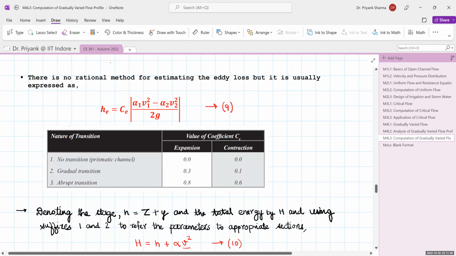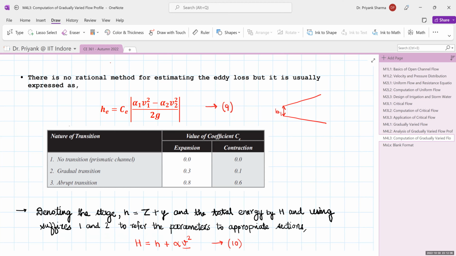Now there are two cases. Let us say if you apply this equation for a prismatic channel, then your eddy loss will become 0. So that component is eliminated. Now what about gradual and abrupt transitions? Let us say your width changes. So you have two sections. This is your width B1 and this is your width B2.